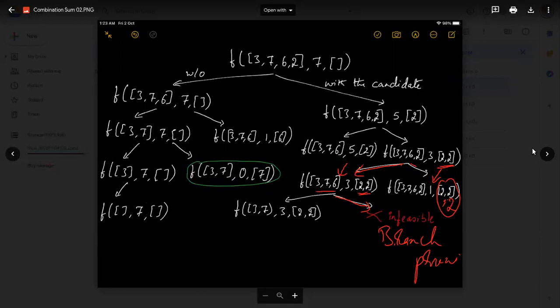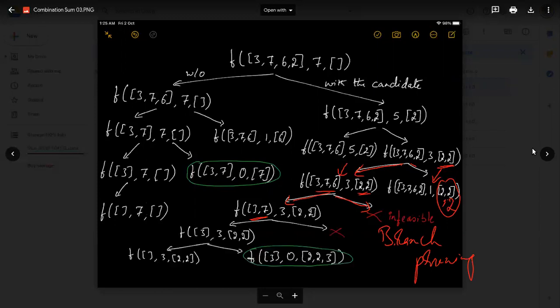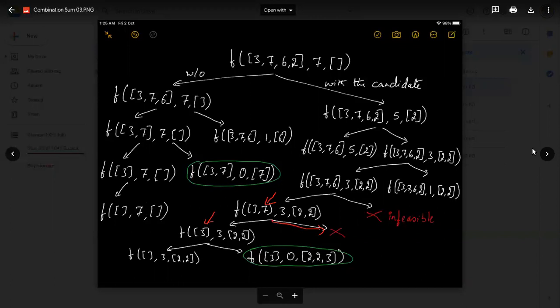Now, if you go on the left side here, we skipped that. We excluded that element 6, and then we went to only 3, 7. Target is still 3, and then we have 2 instances of 2. Now again, if you go further down in this path, there is another infeasible path here, because you cannot include 7, because the target is only 3. But if you go further down here, there is only one element, target 3.